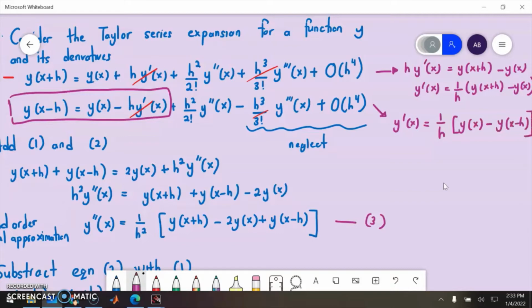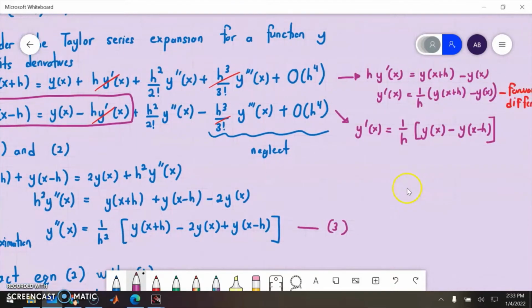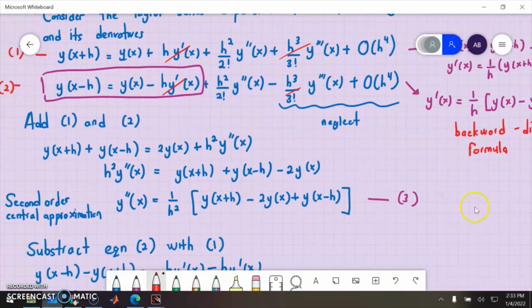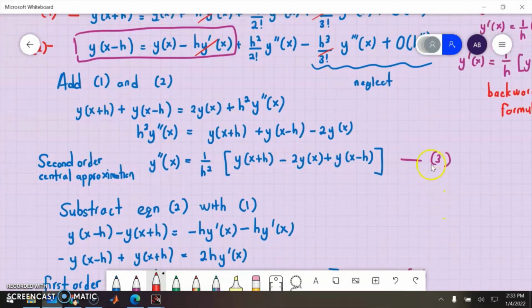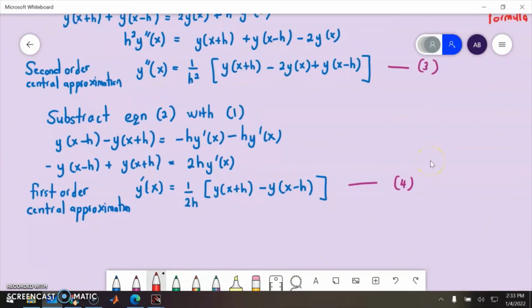This is what you call the backward difference formula or the backward approximation. So for the first derivative, you can have the forward, the backward, and obviously, like I showed you, if you subtract the two terms, you will get the central approximation involving the first order term.